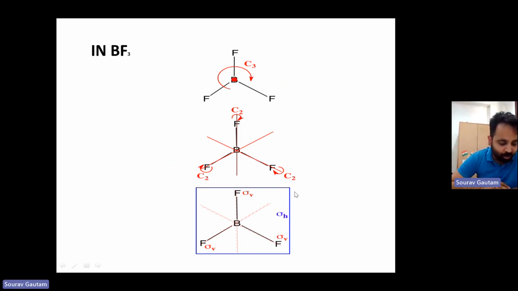These axes are in the plane of the molecule, right?